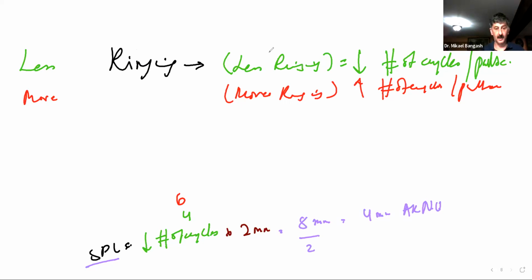Now we can say your spatial pulse length is going to be 6 cycles, each cycle having a wavelength of 2 millimeters. So that's going to be a spatial pulse length of 12 millimeters. If you divide that by 2, our axial resolution numerical value here is going to be 6 millimeters.